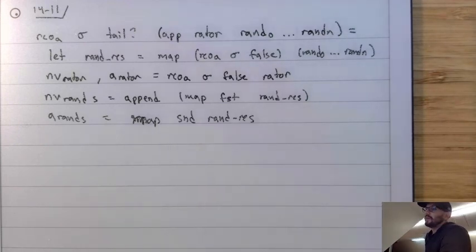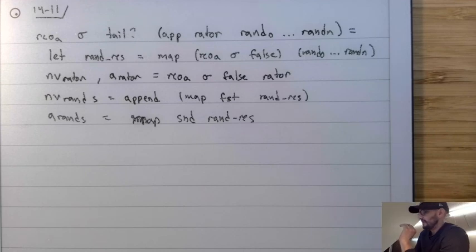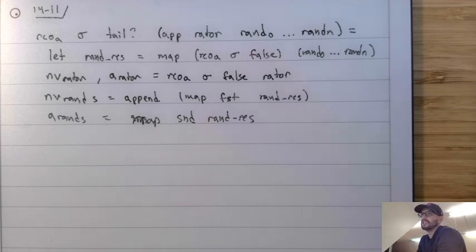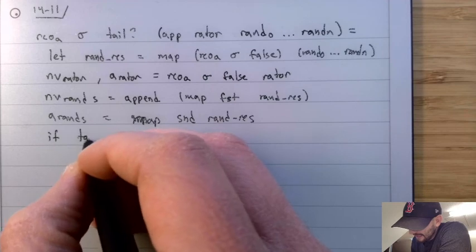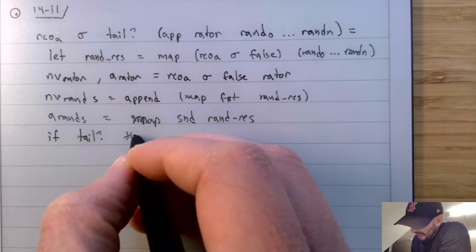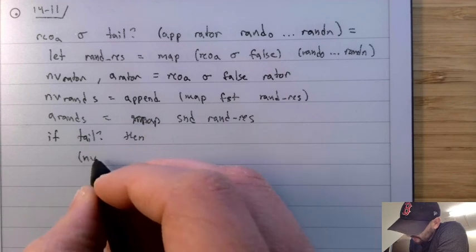Okay, so now what do we need to do? Basically, we're going to treat calls that are in tail position special. This is going to make it so that we don't accrue stack space when a call occurs in tail position. So we'll have a test that says, are we in tail position? If we are in tail position, then we can just return the new variables.